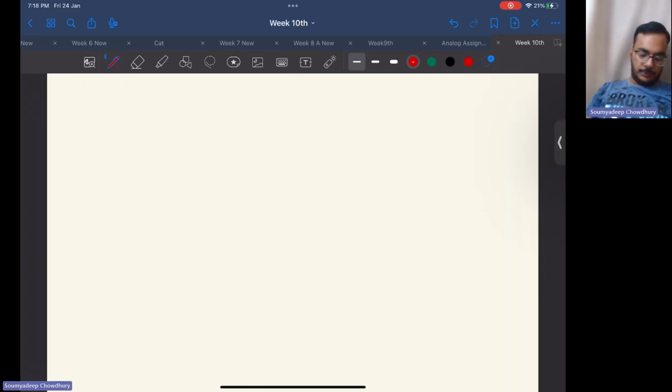Now, suppose this is my differential equation, dy by dt equals some f of y, right? So how do you solve a differential equation? Obviously, we have to integrate on both sides, right? dy by dt equals f of y.